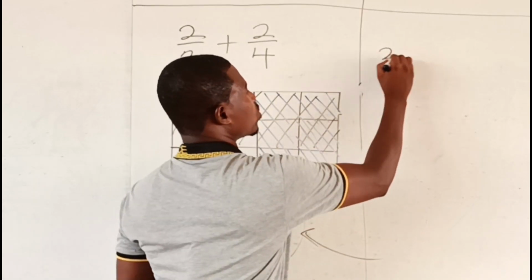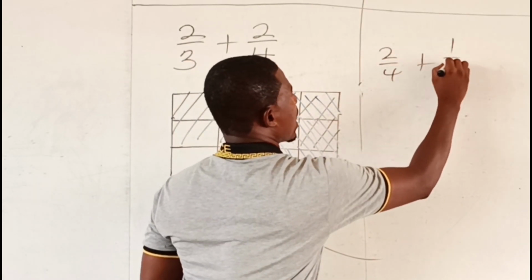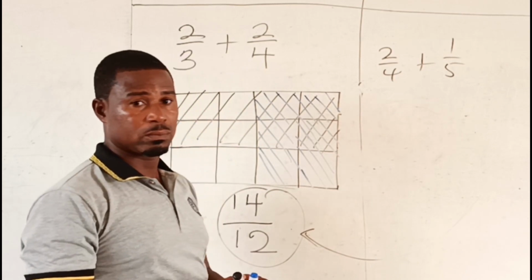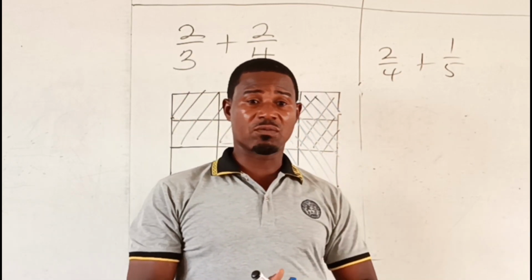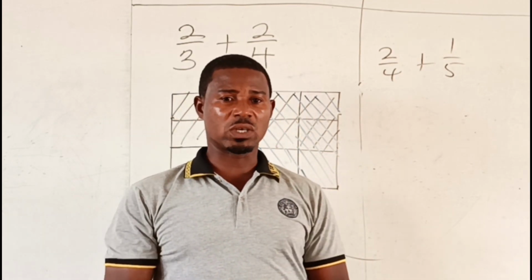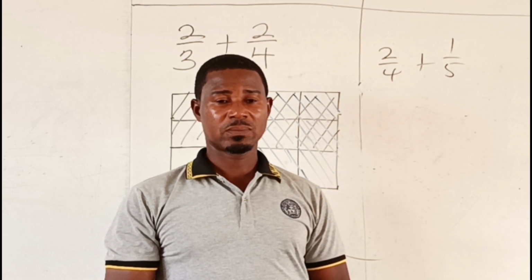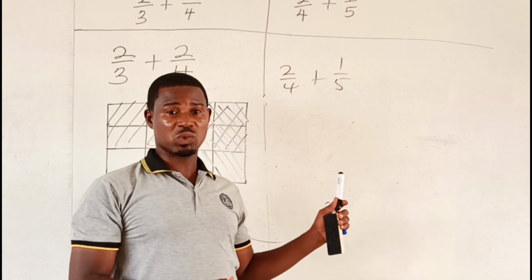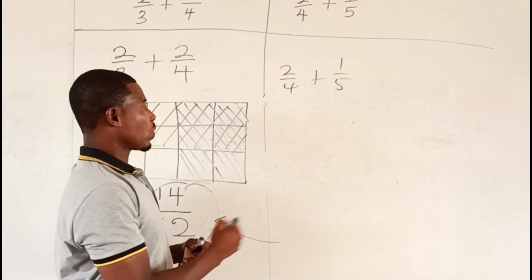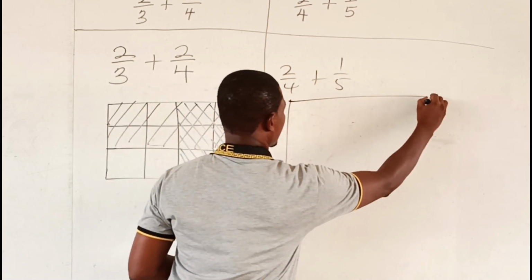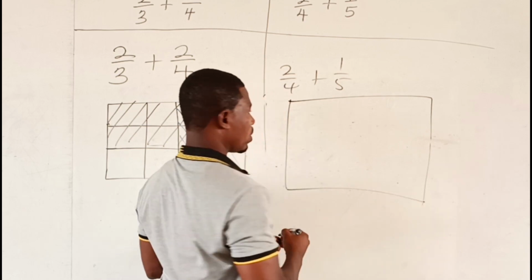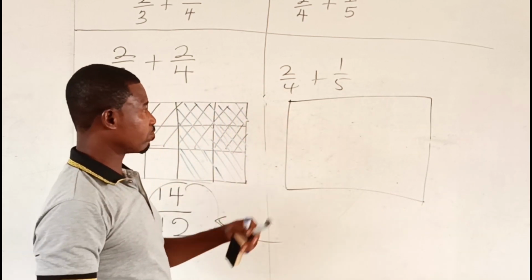The next example says 2/4 plus 1/5. You can pause the video and try your hands on it. Good. Now let's do it together over here. Again, our whole.